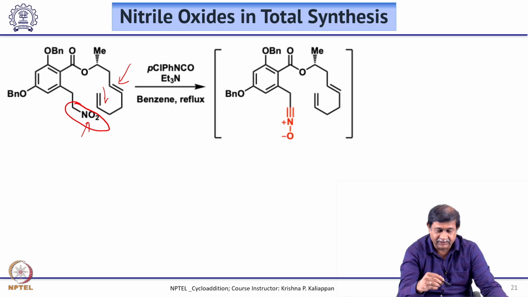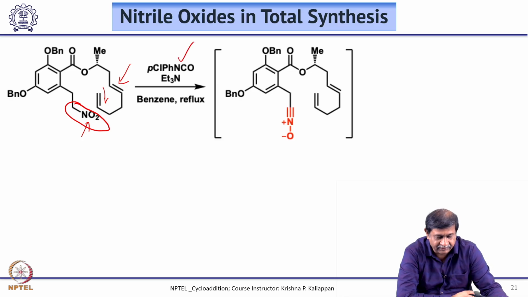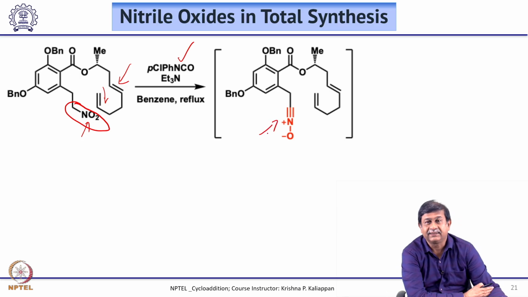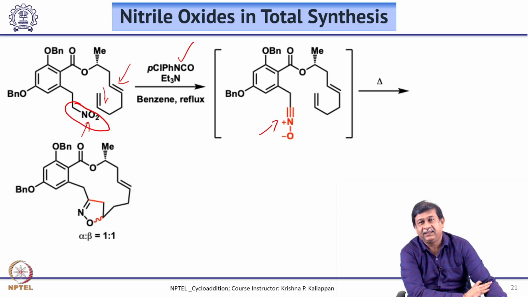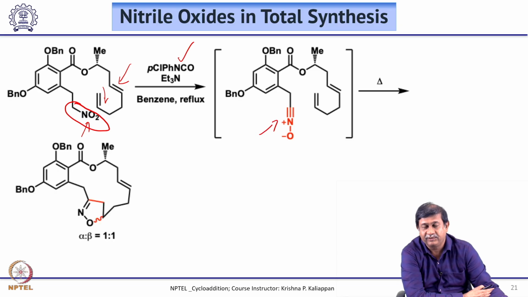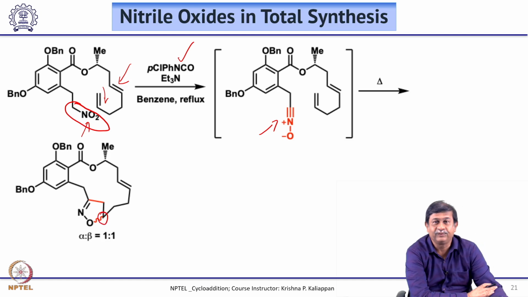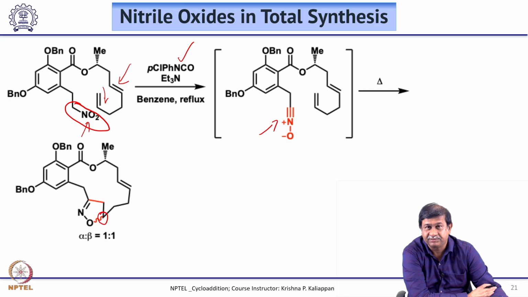Okay, so that's what they did. You treat with parachlorophenyl isocyanate and then base, so that will generate this nitrile oxide. Once this is generated, this immediately undergoes an intramolecular 1,3-dipolar cycloaddition, and here at the stereocenter you don't get selectivity, you get a mixture of 1:1. But no problem, because in the natural product you don't have that stereocenter.